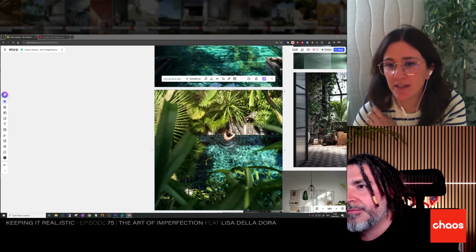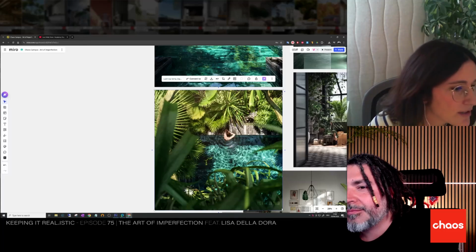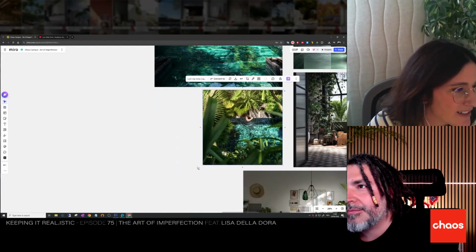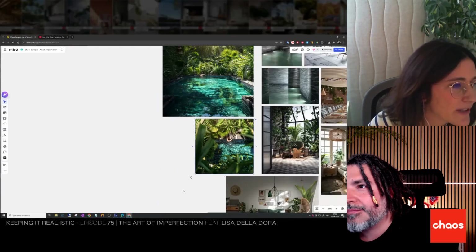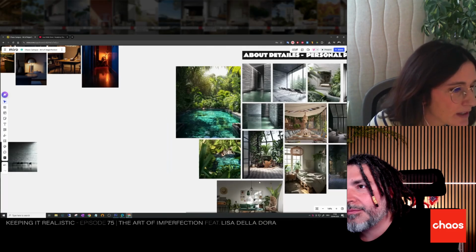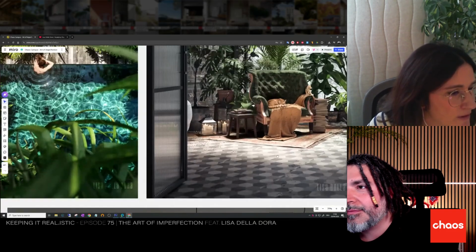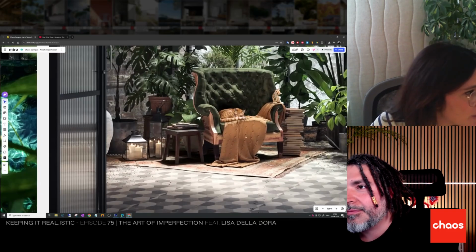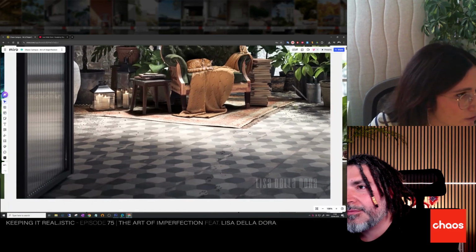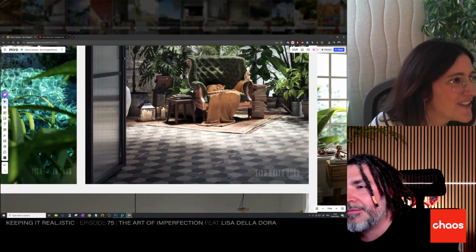So for me, personal projects are usually my kind of R&D, because when I was in production, I didn't have time in my real-life projects to do these things. Or for example, this image, I have a lot of dirt because this little one, of course, made a lot of mess.